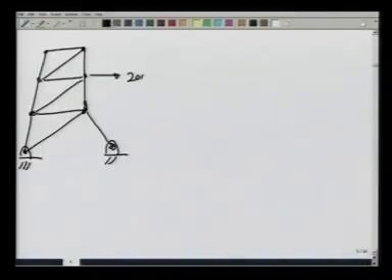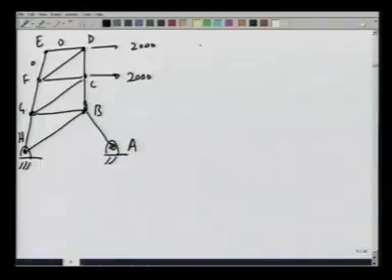Two thousand, 0, 0, A, B, C, D, E, F, G, H. So, what we have obtained is that F_ED equals F_EF equals 0.